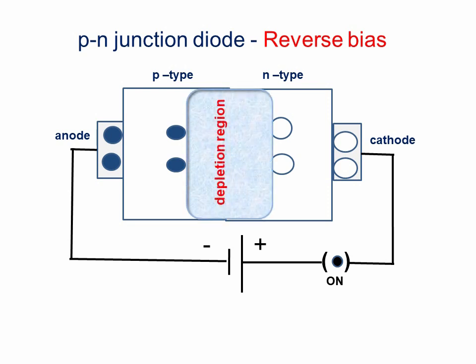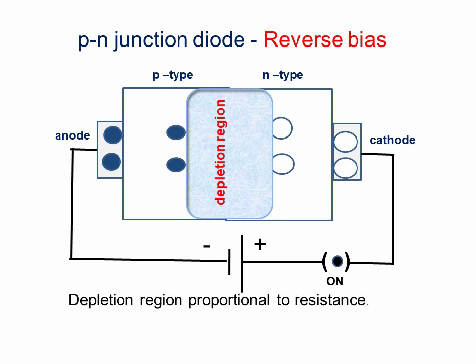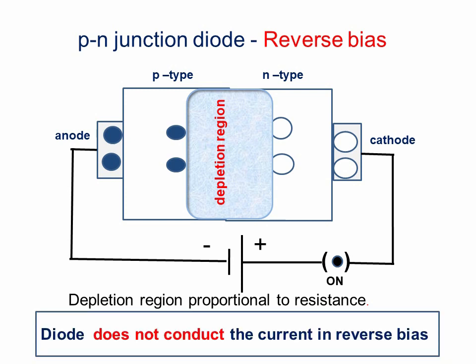The depletion region is a kind of resistance. So, if the depletion region is increased, resistance also increases and hence the current cannot move at all. So, the charge carriers cannot move. From this we conclude that depletion region is proportional to resistance, and the diode does not conduct the current in reverse bias.